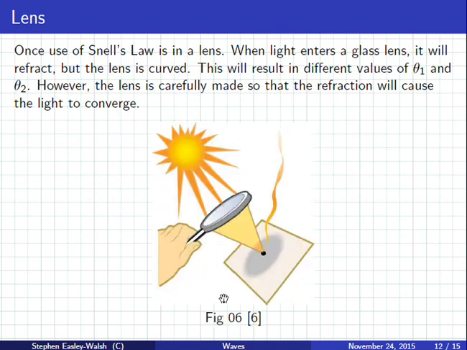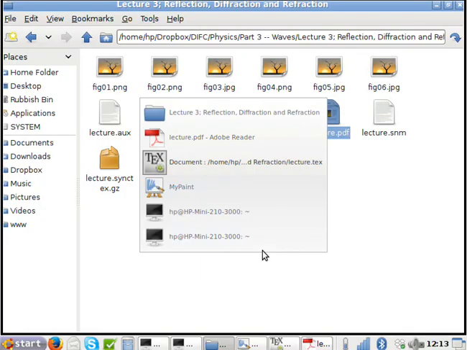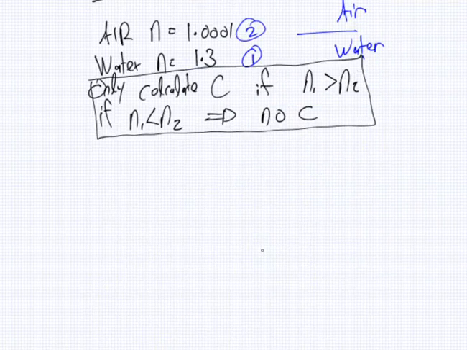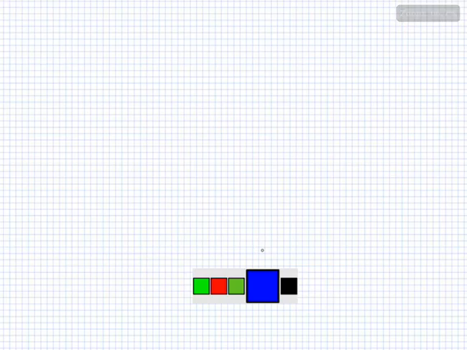Now what's even more interesting, I think, is that if you make the angle bigger than this, for example over here, a bigger angle, then the light actually comes back into the water.